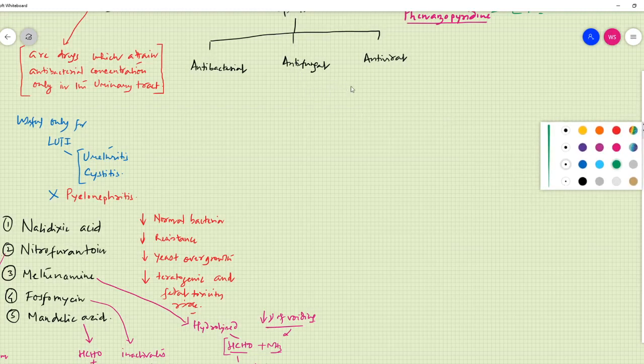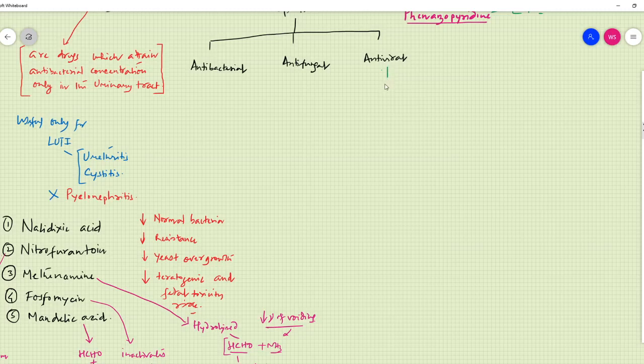Therefore, for the drugs which are used, let's write it down here. The antiviral drug that is most commonly used is cidofovir. The antifungal drugs that are used are fluconazole, which is given per oral.